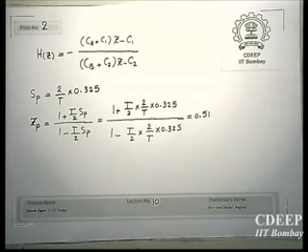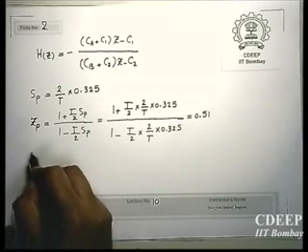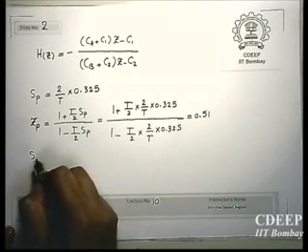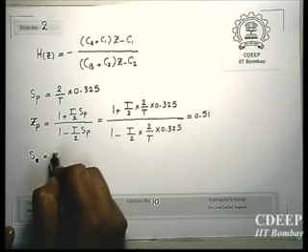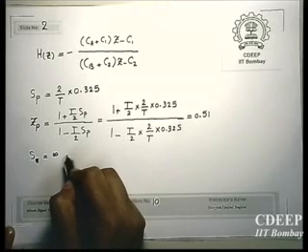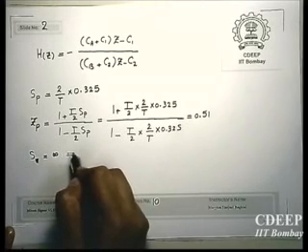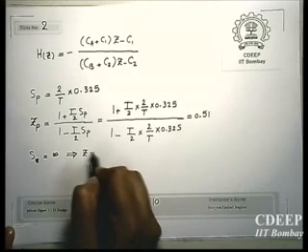Okay, so this is ZP. Then I have one, SZ equal to infinity, right? This corresponds to Z equal to minus 1.